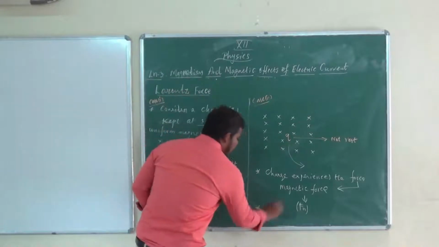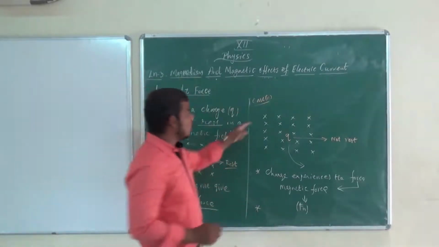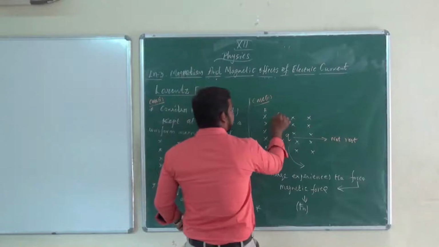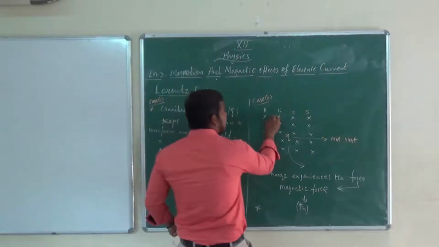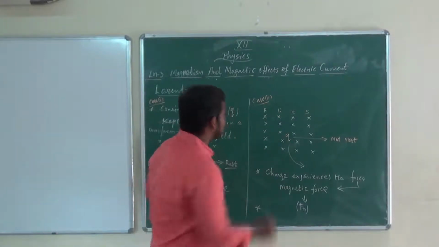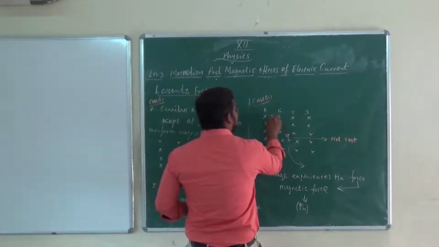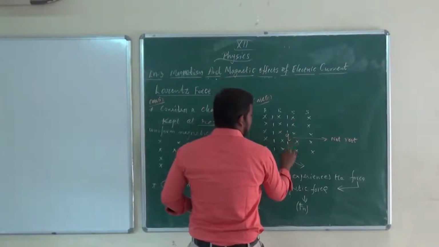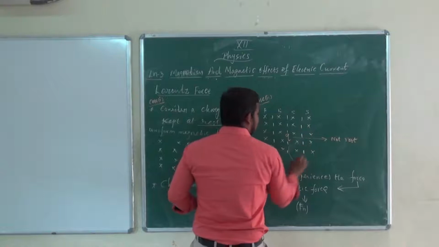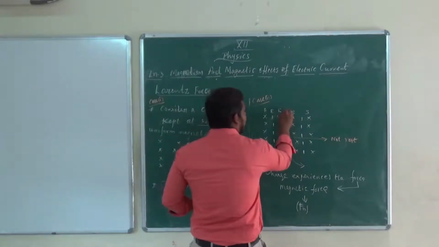Suppose the charge is kept not only in magnetic field B, but also in an electric field.